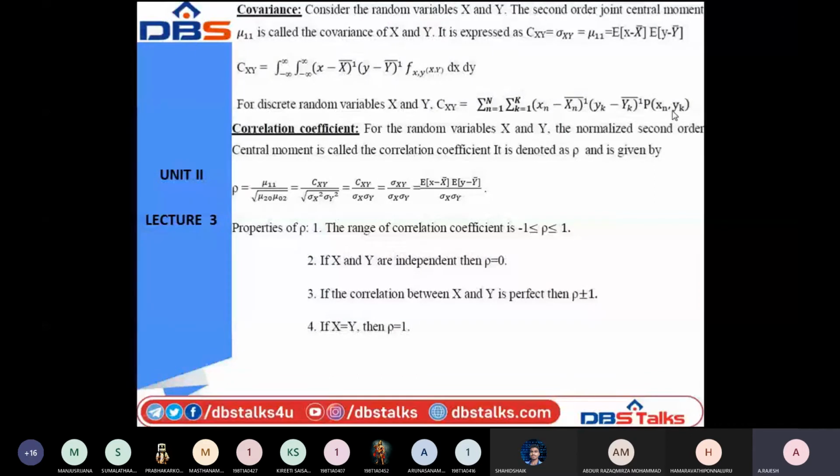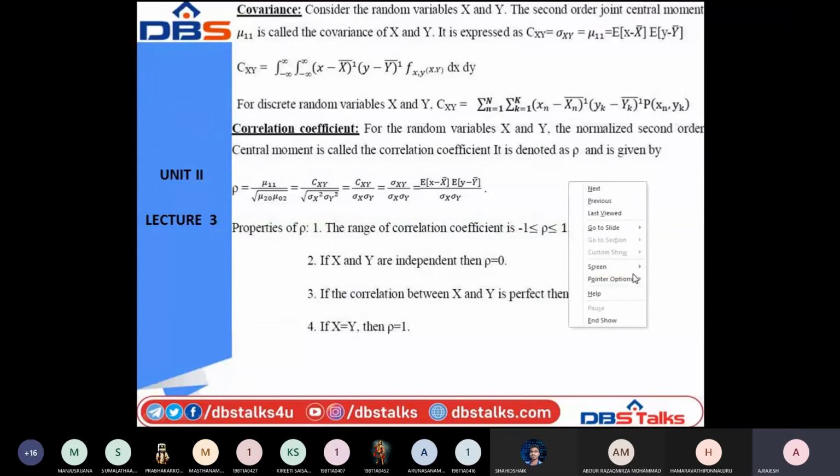Coming to the correlation coefficient for the random variables x and y, the normalized second order central moment is called the correlation coefficient, and it is denoted by rho.